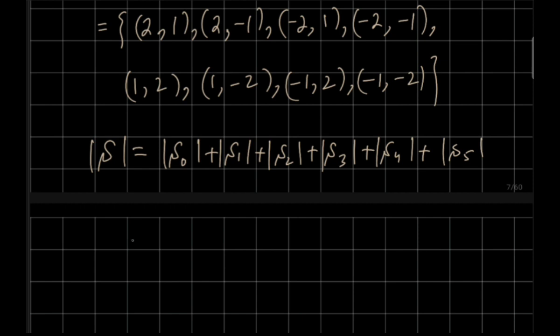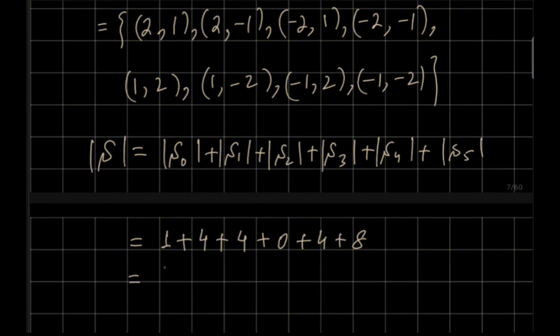So now we have found all of these cardinalities. The cardinality of S0 is 1, the cardinality of S1 is 4, the cardinality of S2 is 4, the cardinality of S3 is 0, the cardinality of S4 is 4, the cardinality of S5 is 8.